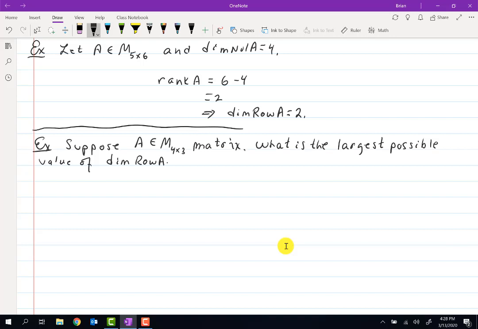Well, this is interesting. You might say, well, you could have 4, but you can't. The highest you could have is 3 because the dimension of the column space is less than or equal to 3. So let's take a look at this.